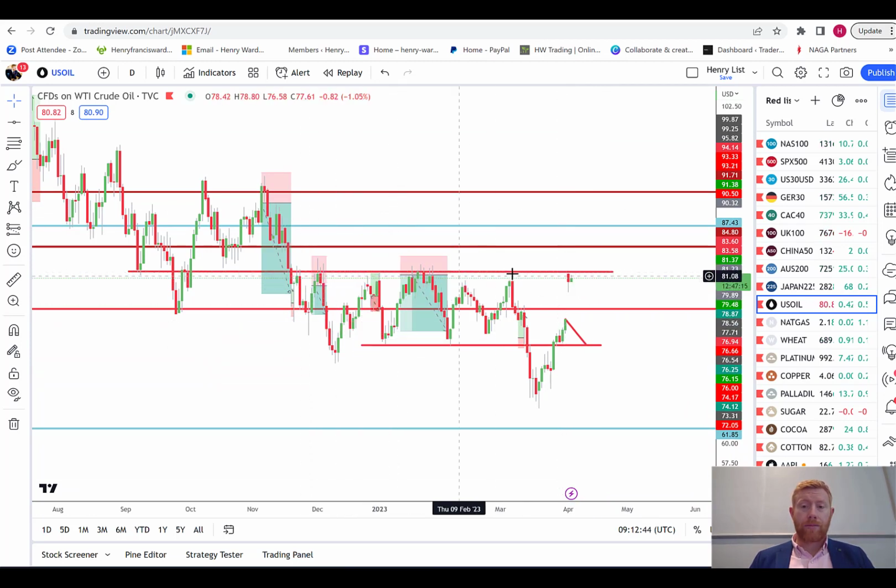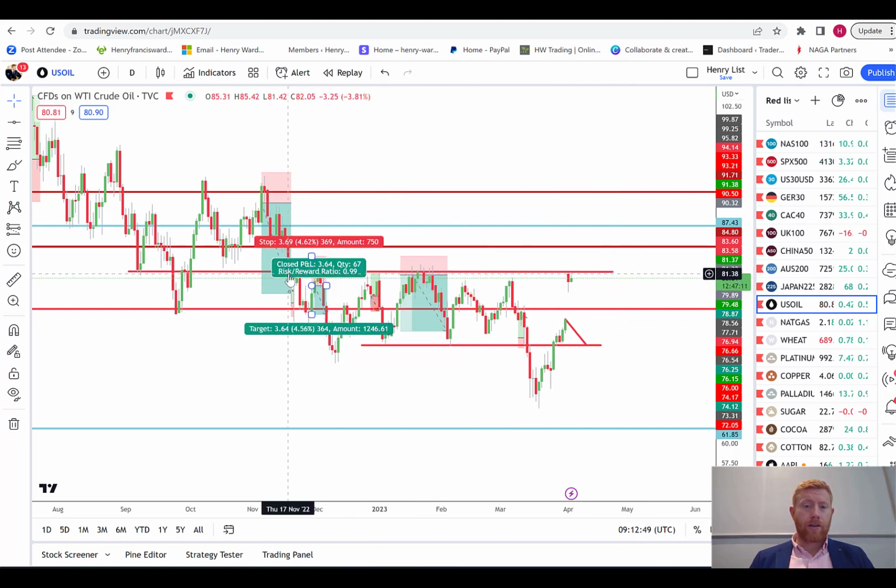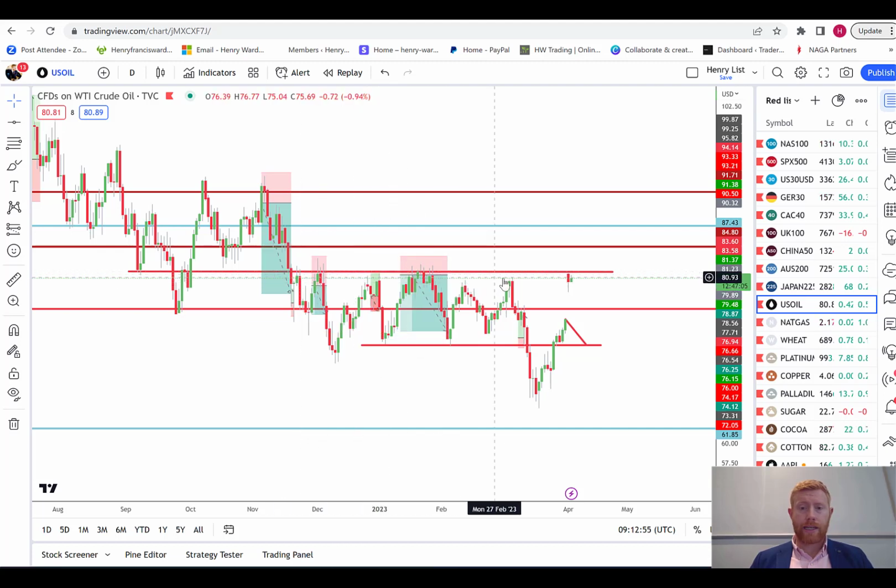Now we are back up to this level that we've seen, the $81, and the $81 has been hit once, twice, 3, 4, 5, 6, 7, 8. It is now touching it 9 times. And the question is at this particular point, are we going to get a short, or is there just too much upward momentum here?